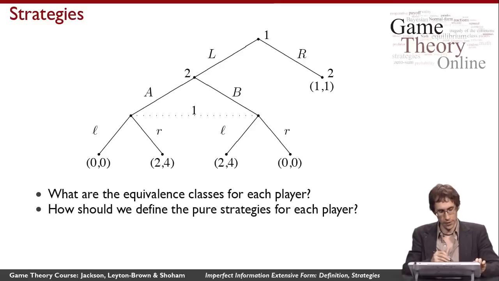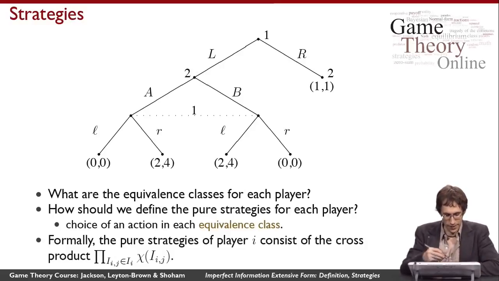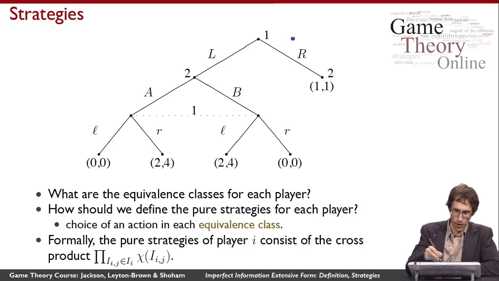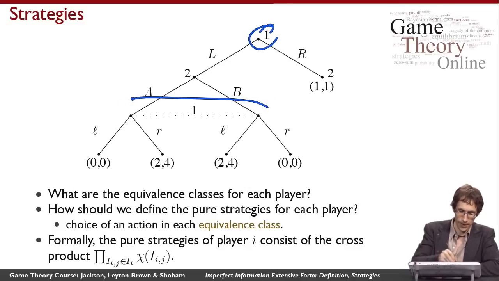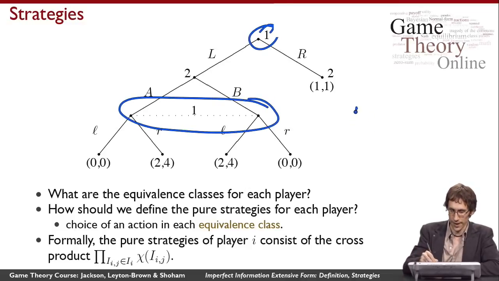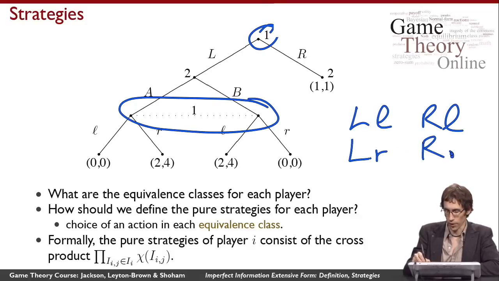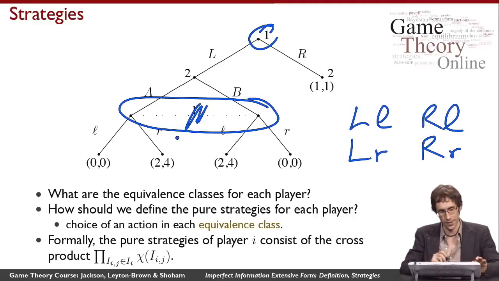So instead, what we're going to use as a definition is that the pure strategies for player I are the cross product of the action sets in every different equivalence class that he has. And so player 1's pure strategies here are going to be a choice here and independently a choice here. So player 1 could take the action LL, or RL, or LR, or RR. So player 1 here has 4 different pure strategies rather than 8 as he would have if we didn't have this equivalence class here.